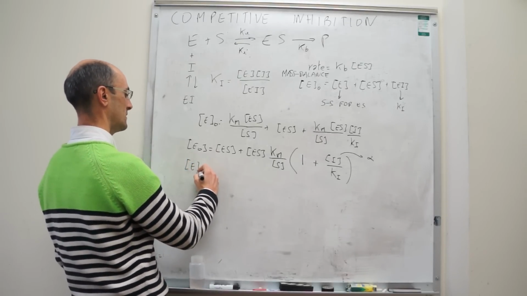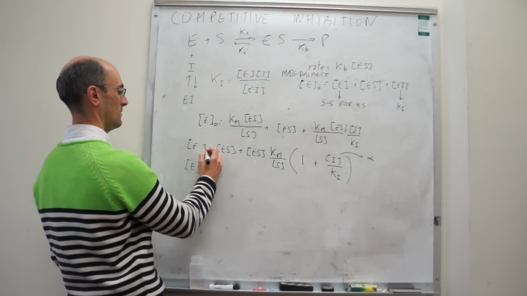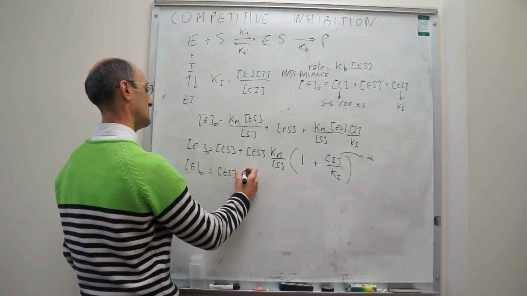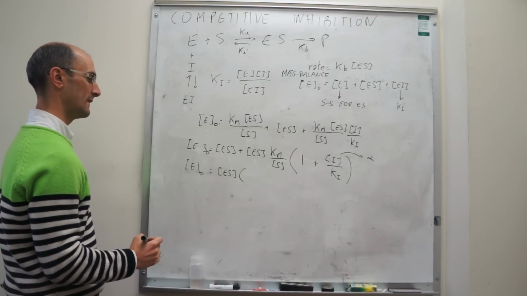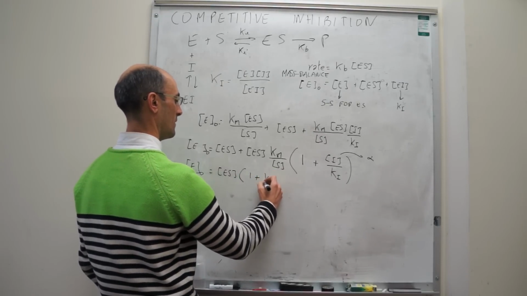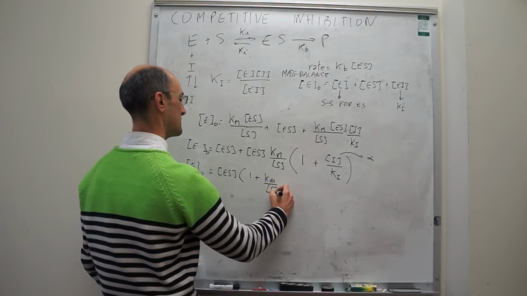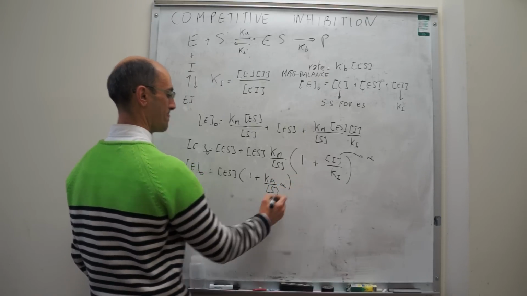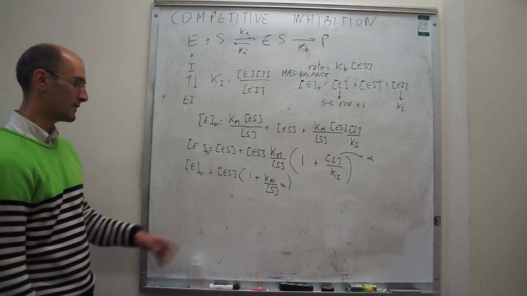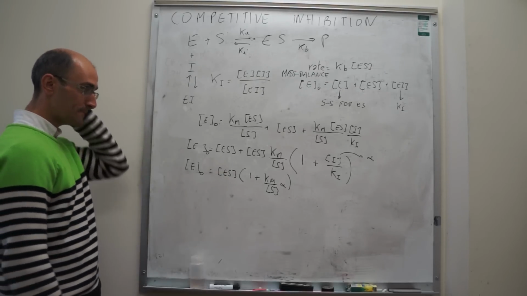So E naught at time 0 is going to be equal to concentration of ES times 1 plus K sub m over concentration of S, alpha. And now we're ready to solve for the concentration of ES.